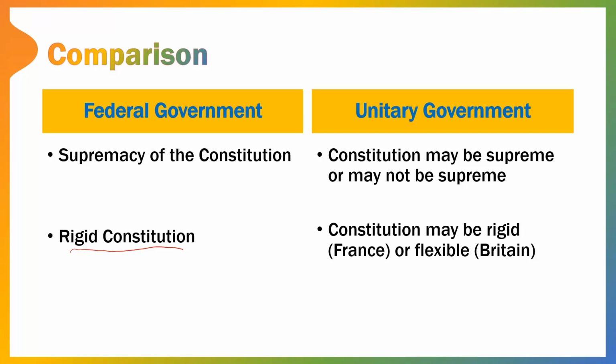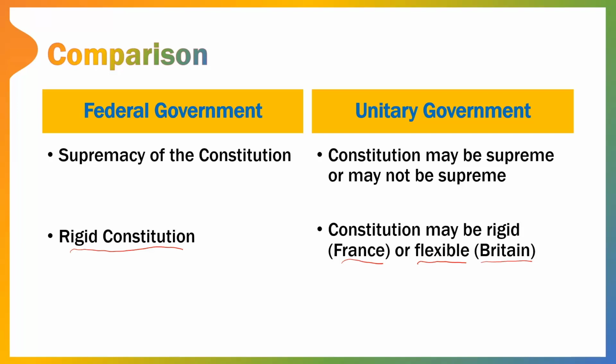When it comes to the unitary government, a constitution may be rigid like in France, where the constitution is very rigid, or it may be flexible like the British constitution. It can be easily changed in Britain. That's why it is known as a flexible constitution. So in a unitary government, it is not necessary that the constitution must be rigid or flexible. It depends on the national government.